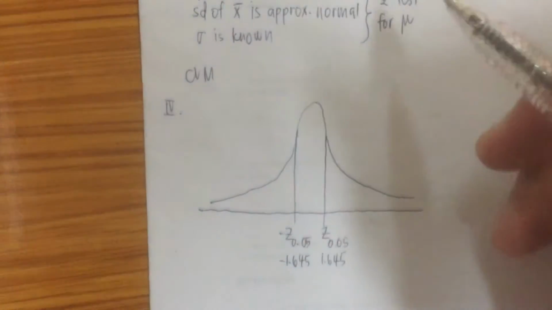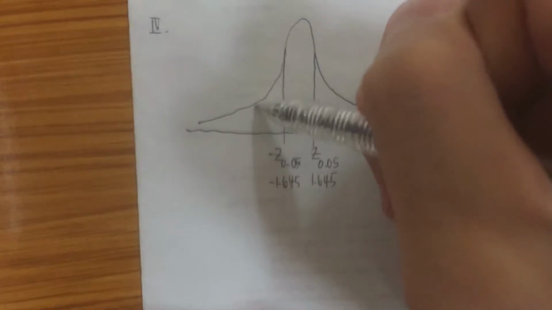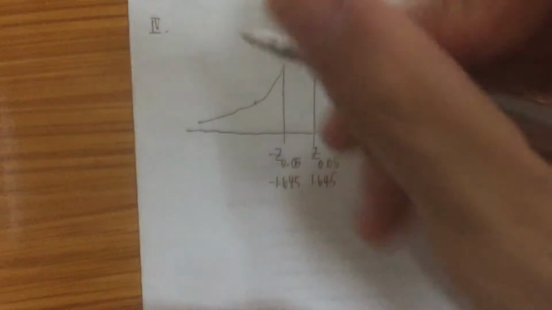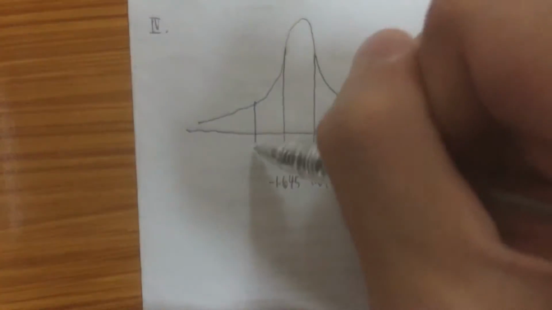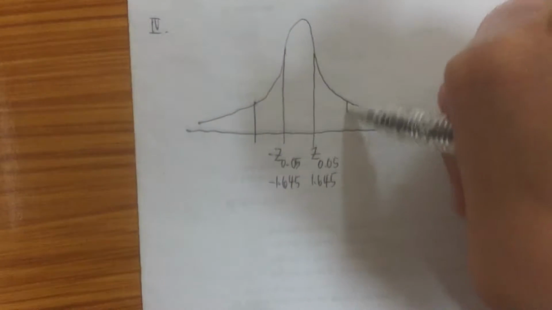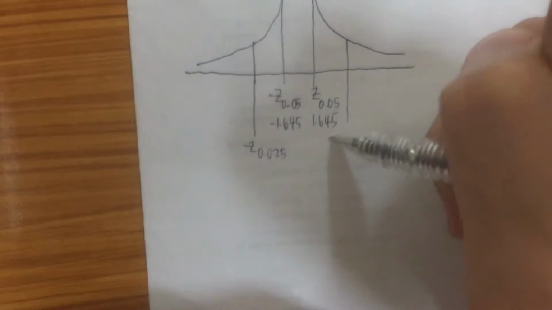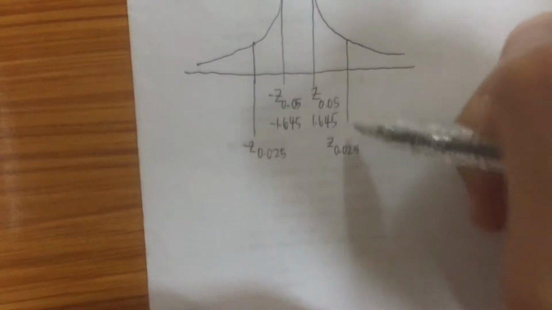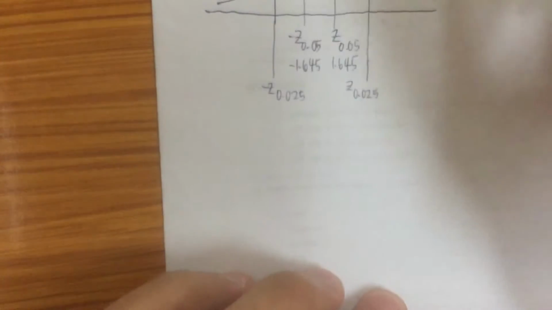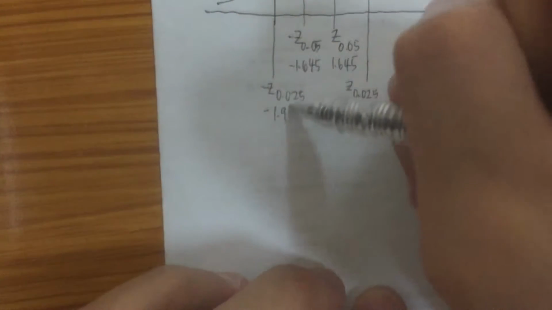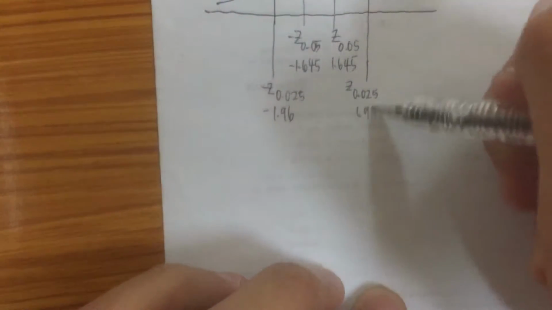Now we do that again for the three other values of alpha. So for 5%, that's 2.5% for each of the two sides. So this is negative z sub 0.025 and positive z sub 0.025. And if you search for these in the table, we will get negative 1.96 and 1.96.